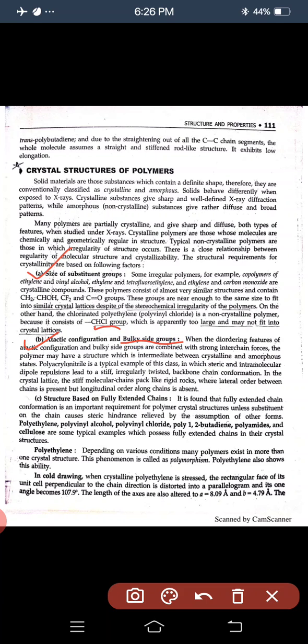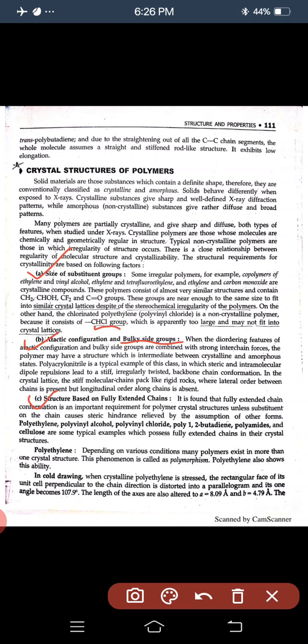The stiff molecular chains pack like rigid rods, where lateral order between chains is present but longitudinal order along the chain is absent. Third is the structure based on fully extended chain.